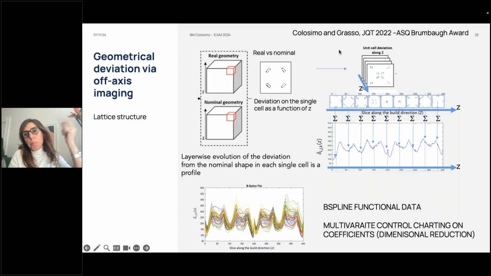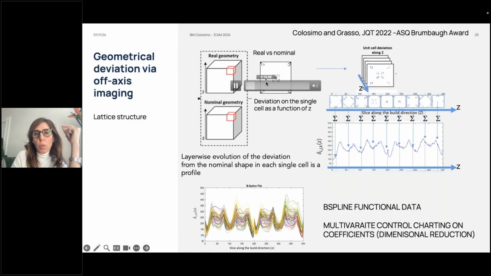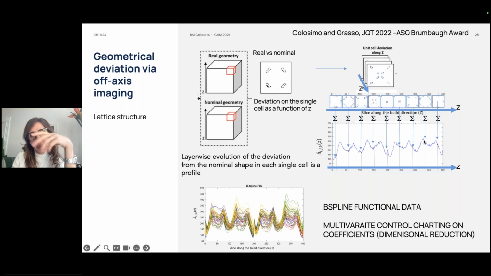And here the basic trick is to just look into the sequence of deviation of material printed with respect to the nominal shape for one single cell in one specific location. So I'm just focusing on one part of the lattice. We have been able to basically translate this sequence of images of deviation into a profile. And as you know, there's a lot of nice approaches for functional data ANOVA, functional data monitoring, functional data everywhere.